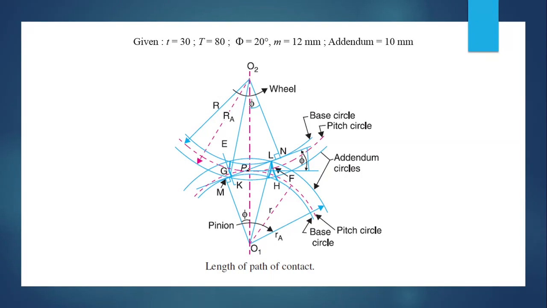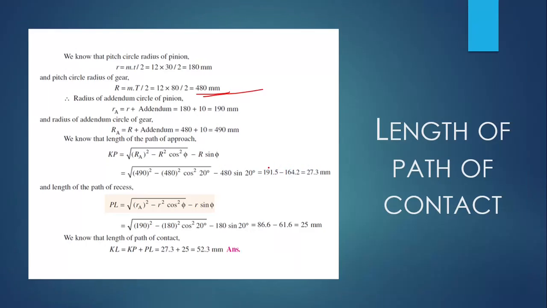Then the length of path of approach is equal to PK. Length of path of recess is equal to PL or LP. Total length of path of contact is equal to length of path of approach plus length of path of recess, that is equal to KP plus PL is equal to LK or KL, total length of path of contact.